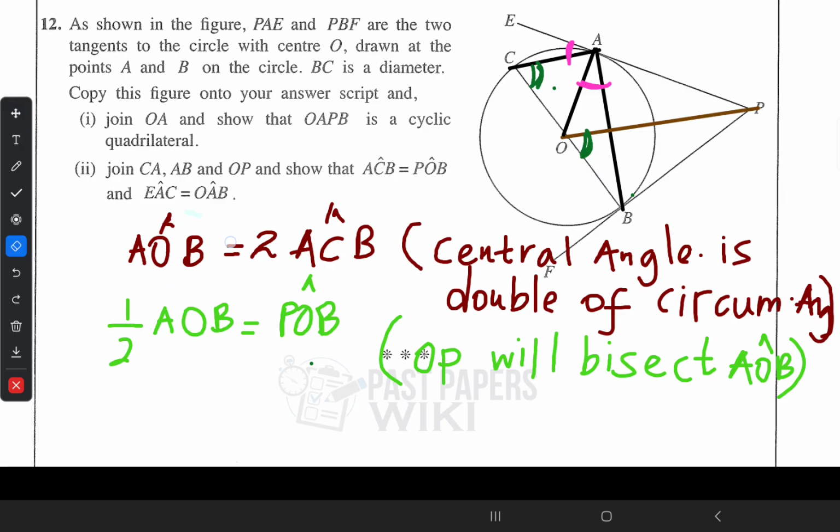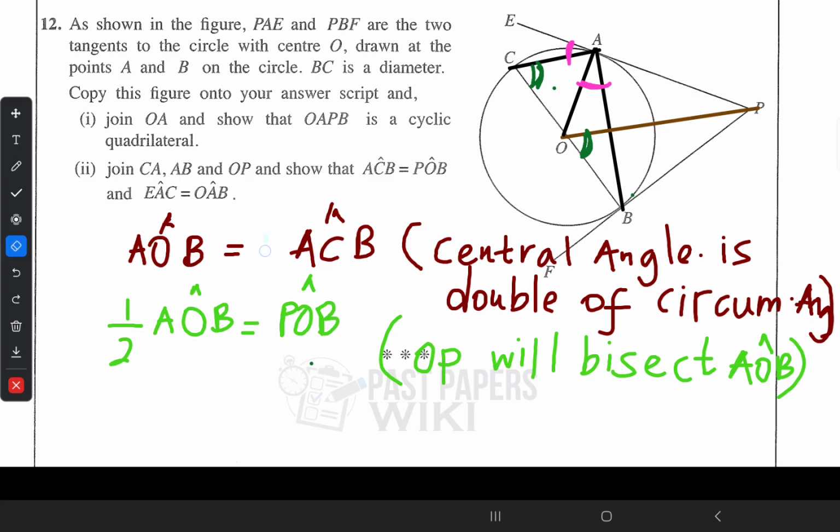Here we just showed AOB equals 2 times POB. Then finally, in the first relationship, instead of AOB, I am going to replace that by 2 POB.